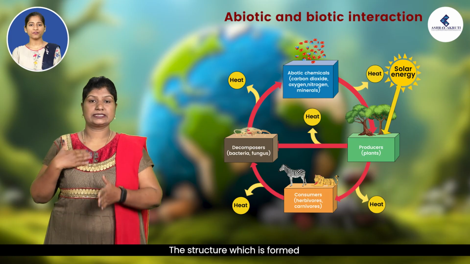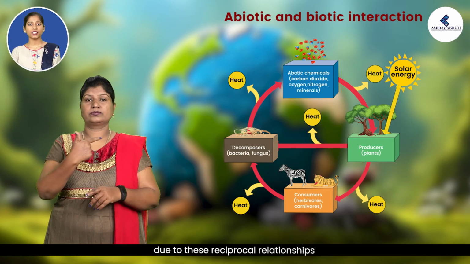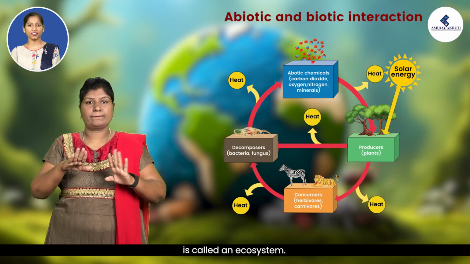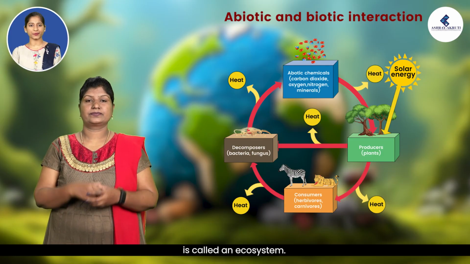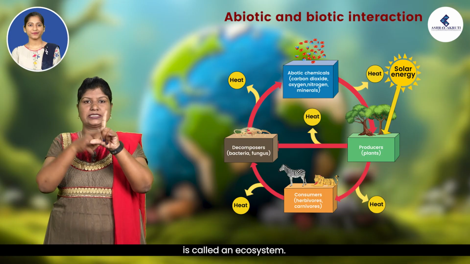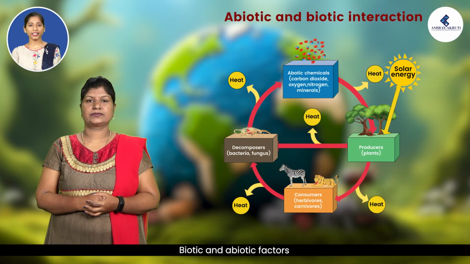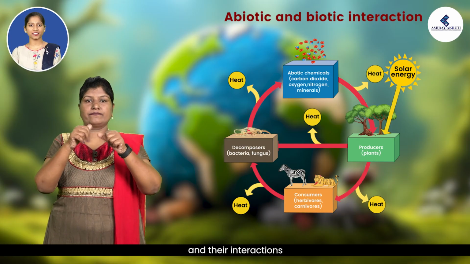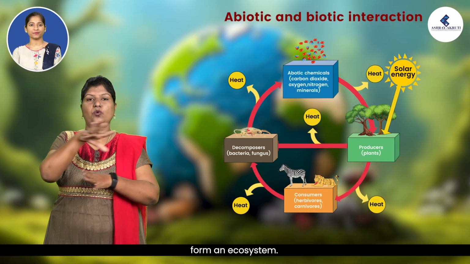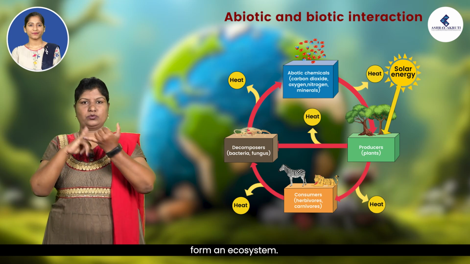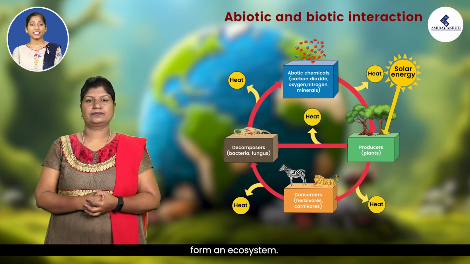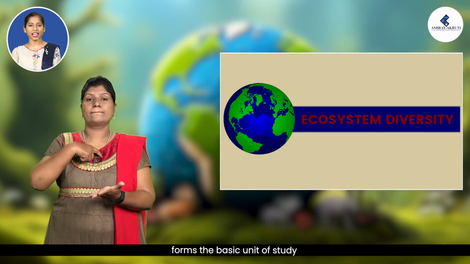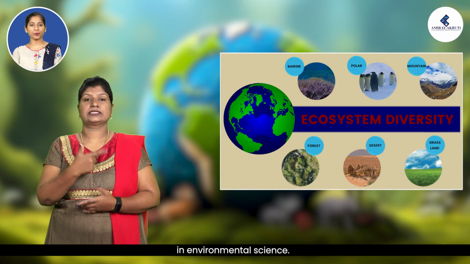The structure which is formed due to these reciprocal relationships is called an ecosystem. Biotic and abiotic factors and their interactions form an ecosystem. The ecosystem forms the basic unit of study in environmental science.